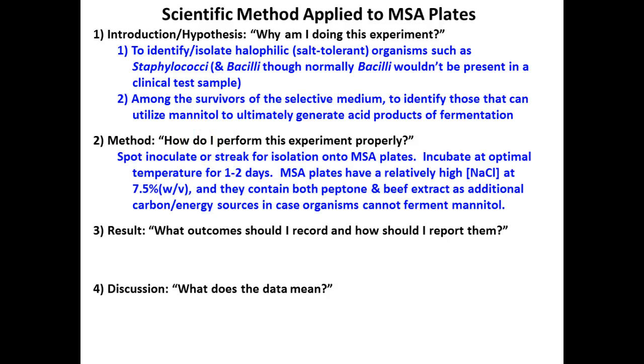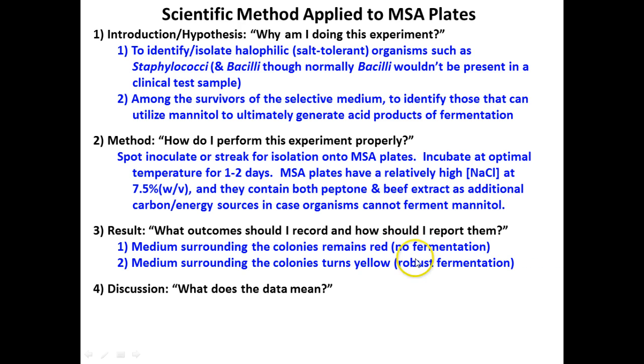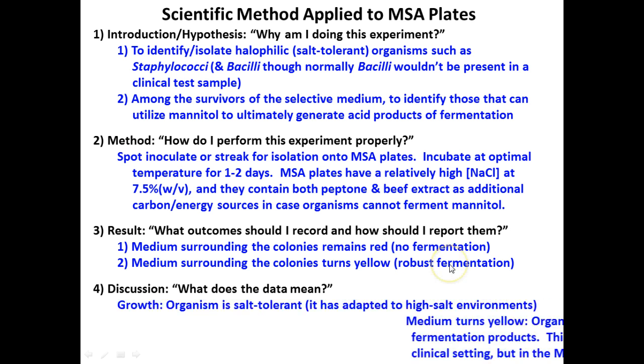So we inoculated our plates, we put them in the incubator for a couple of days, right? And then we came back and looked at our results. And these I actually left in the incubator. They actually ended up being okay. But usually I'll take them out and put them in the fridge. So the media surrounding the colonies remains red, or that pinkish color, if there's no fermentation. The media surrounding the colonies turns yellow, right, if you have really good, robust fermentation of that mannitol.